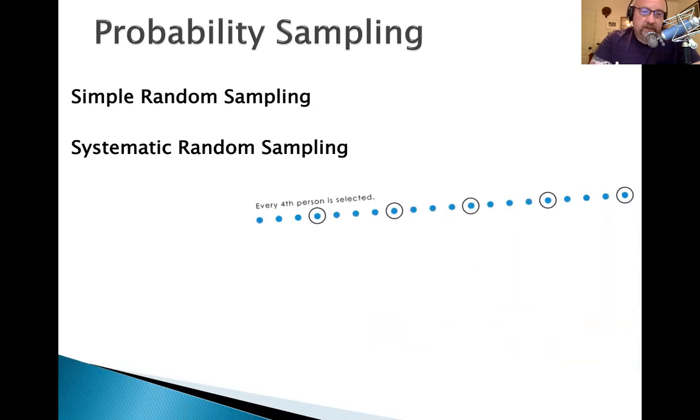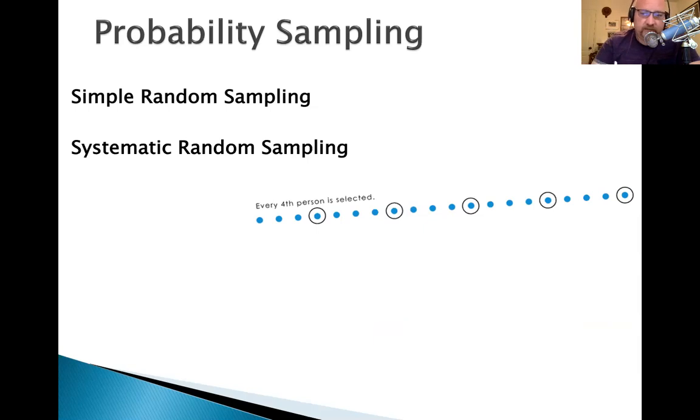You might also do something like systematic random sampling. Say I was reaching out to BC students to create a sample, and my population is all BC students, but I'm going to base it on a sample. Instead of sending every single student one email with a link to my survey, maybe I pick every fourth student. Everybody's in alphabetical order on some kind of aggregated list, and every fourth student gets the email.